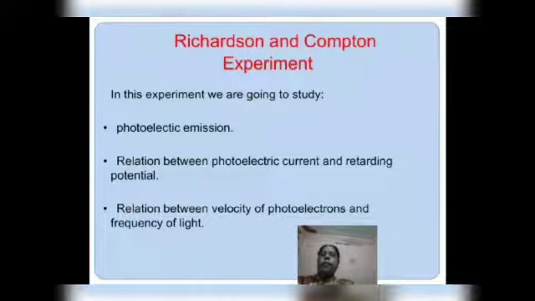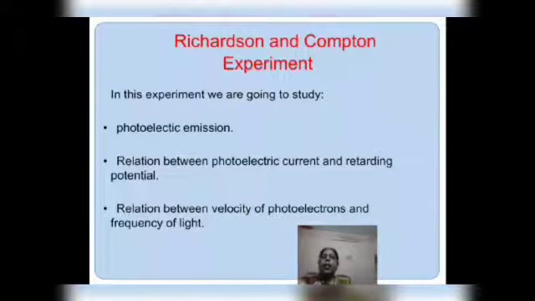frequency of light. We know that photoelectric emission means that when electromagnetic waves having a certain wavelength and intensity fall on the surface of a cathode, it emits electrons.